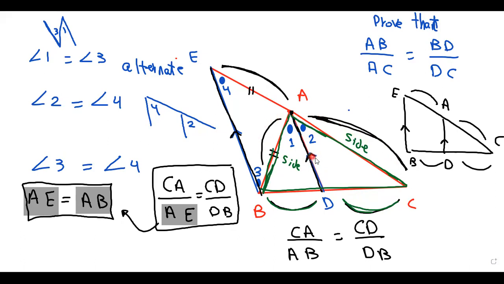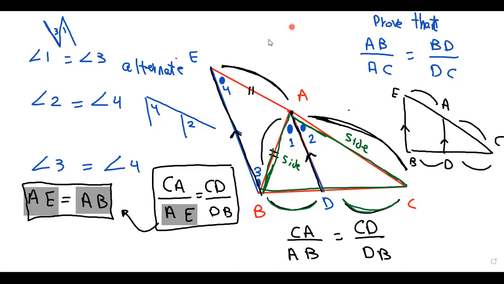So in simple words, we can say that if we are going to find the ratio between AC and AB, you will find that this ratio is equal to the ratio between the two parts of the base, CD over DB. That's it.